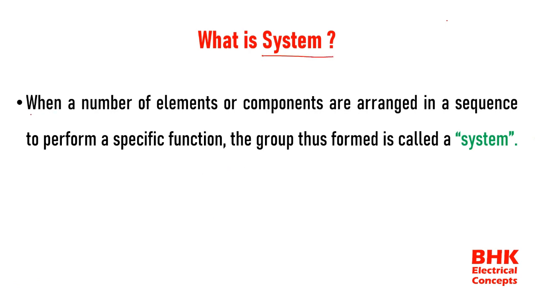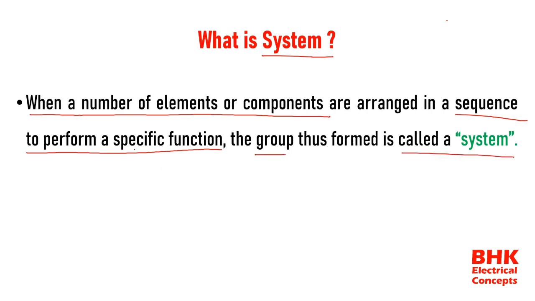The definition of a system is: when a number of elements or components are arranged in a sequence to perform a specific function, that group is called a system.